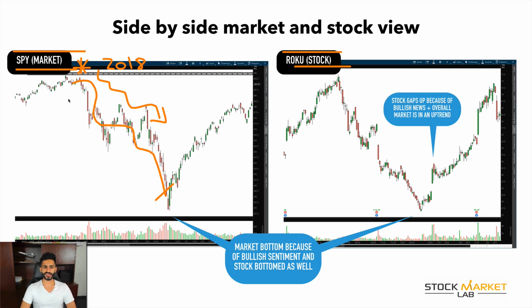One of the reasons the market sold off was because of the Feds. I will explain what the Feds did, who they are, and what we look for when they present news, right? They said they were cutting interest rates very, very aggressively. And then around this time, the Feds came out with news saying, hey, we're not going to be aggressive on cutting interest rates.